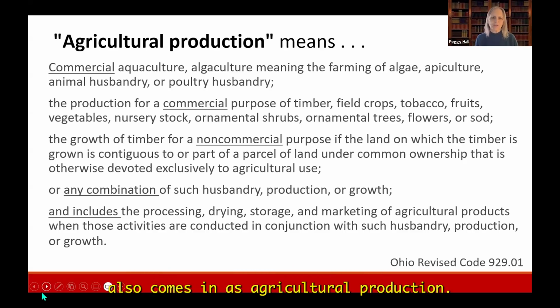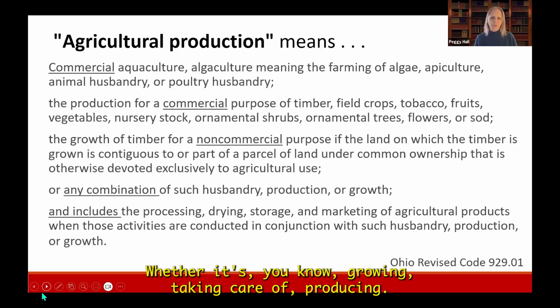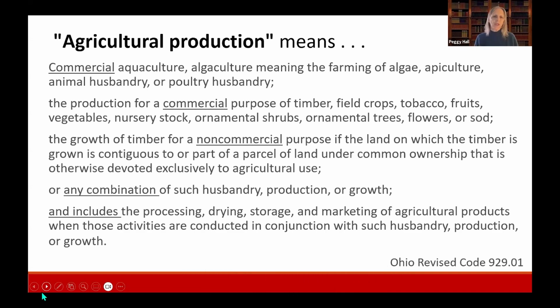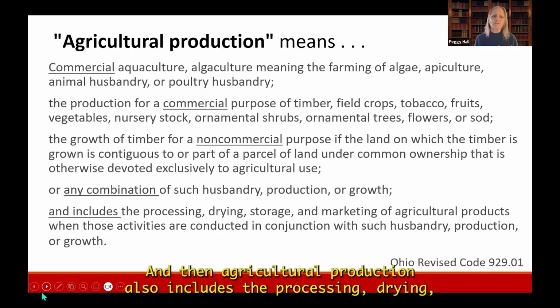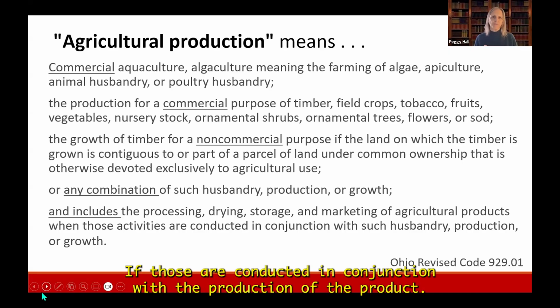That also comes in as agricultural production, and any combination of the above in that definition, whether it's growing, taking care of, producing. And then agricultural production also includes the processing, drying, storage, and marketing of agricultural products if those are conducted in conjunction with the production of the product.